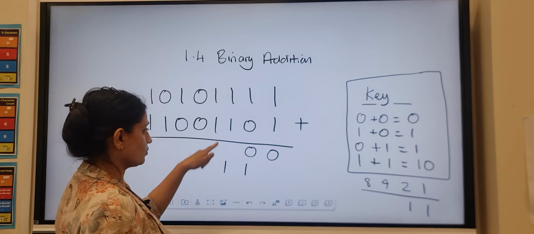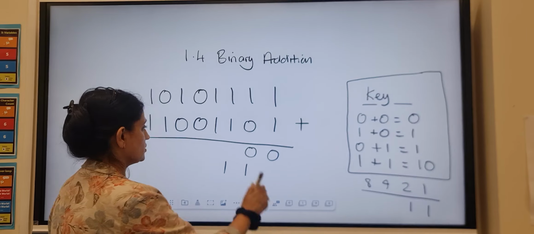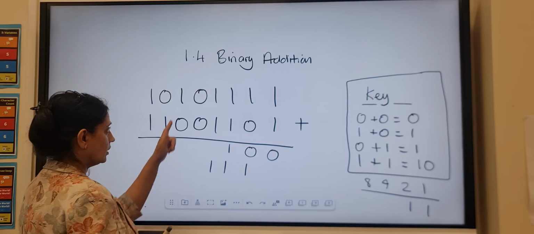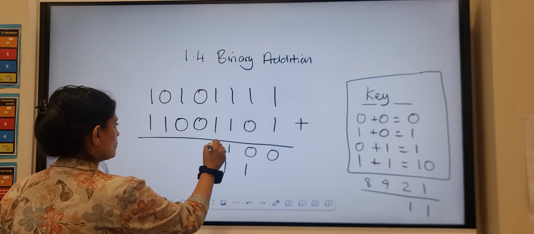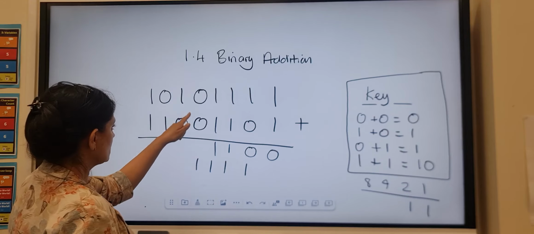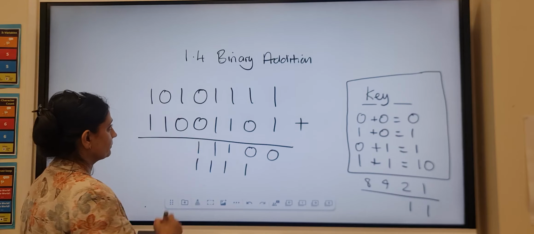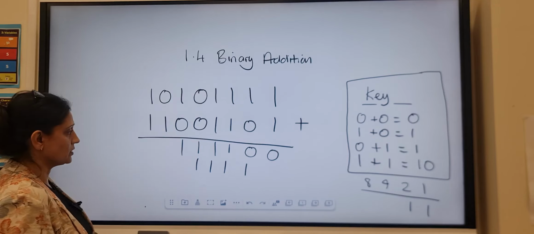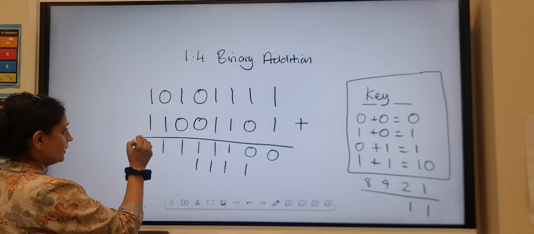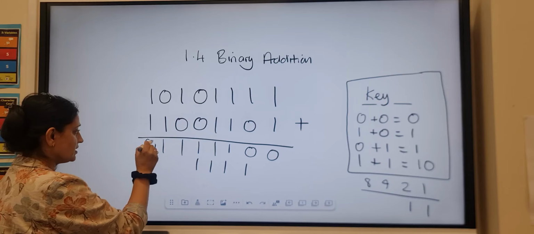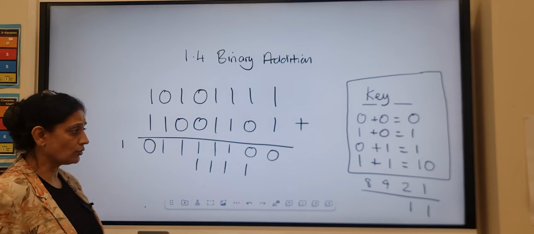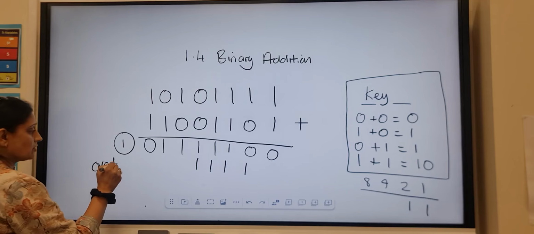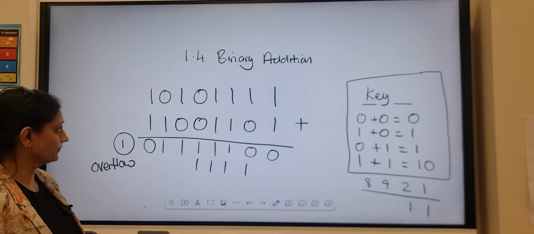Here we've got 1 plus 1 plus 1, so we know that that's 3, so that's 1, carry the 1. Again we've got 3, so that's 1, carry the 1. 0 plus 0 plus 1 is 1. 1 plus 0 is 1. 0 plus 1 is 1. 1 plus 1 is 2, so that's 0, carry the 1. Now don't forget, you circle it and state that that is your overflow.